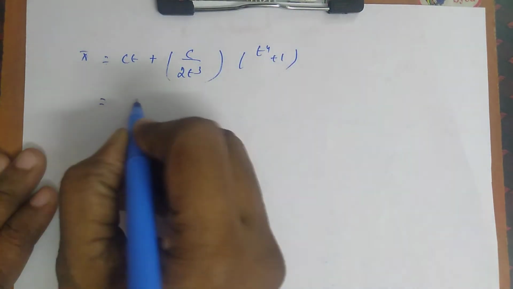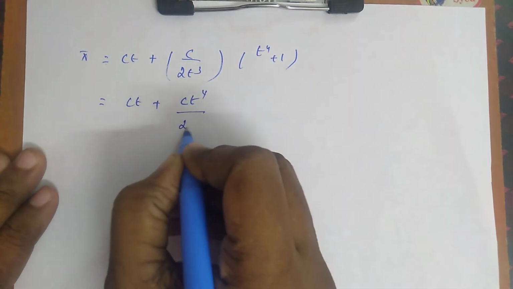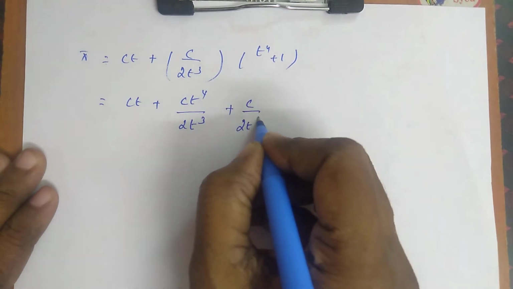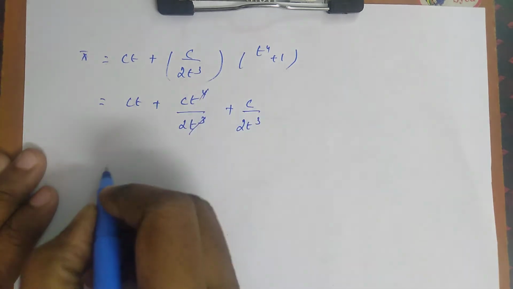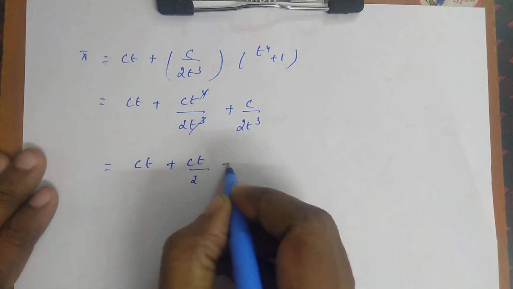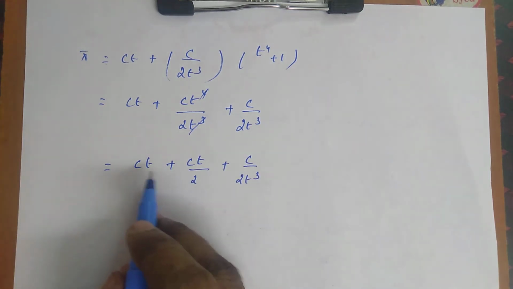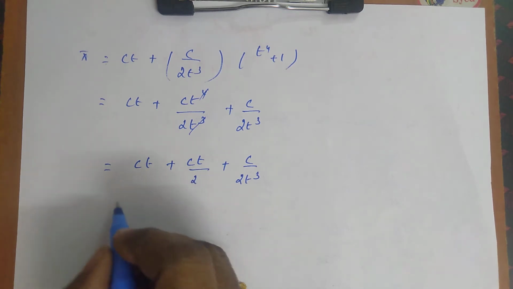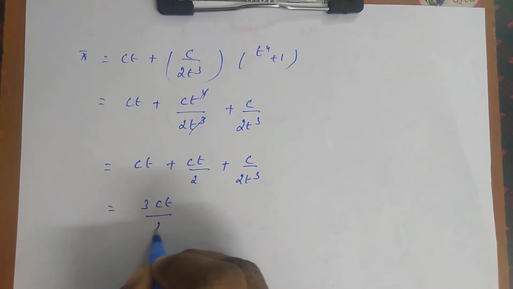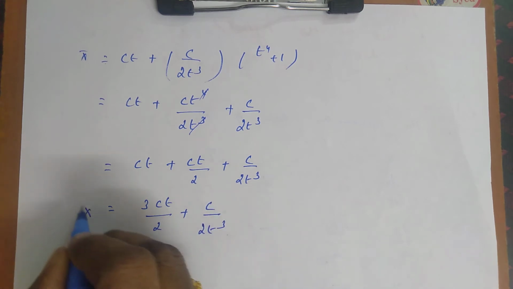So that is equal to ct plus, you can multiply c t power 4 by 2t cube plus c by 2t cube. So you can cancel the power. So we get ct plus ct by 2 plus c by 2t cube. Here it is ct and here it is 1 by 2 ct, so you get 2 plus 1, 3. So 3ct by 2 plus c by 2t cube. So this is our x bar.